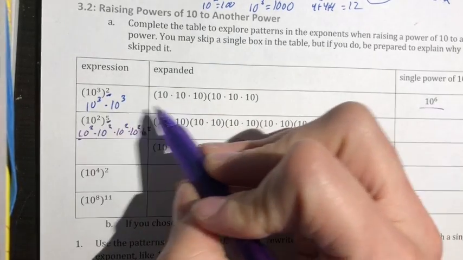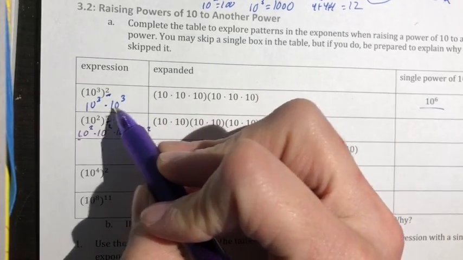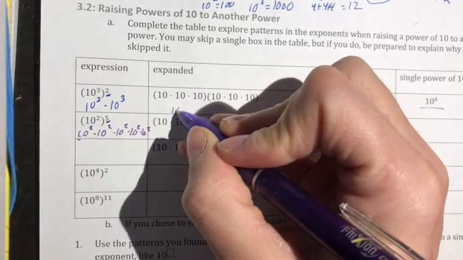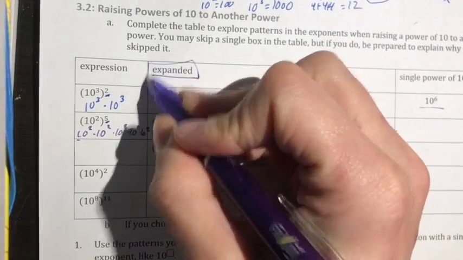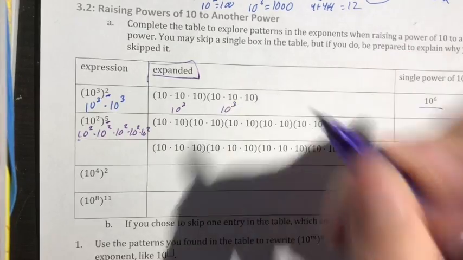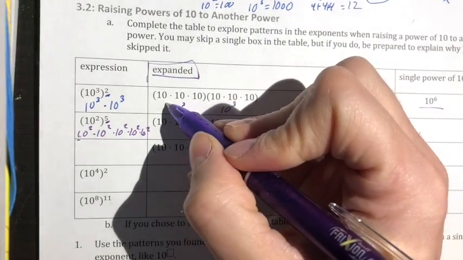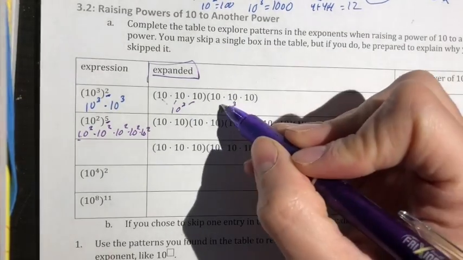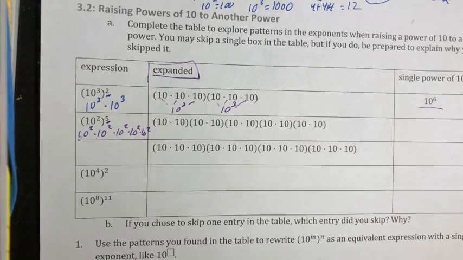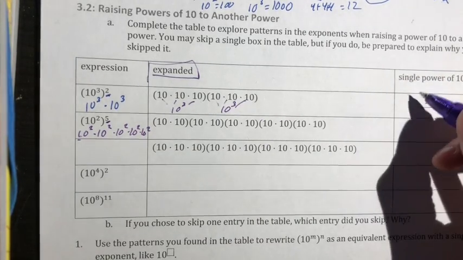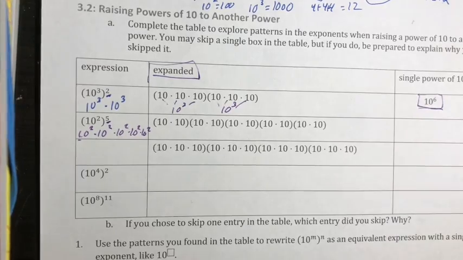So here we had 10 cubed times 10 cubed. And then they wrote that in expanded form, expanding it out. All right, so that 10 cubed is 1, 2, 3 tens, and 4, 5, 6 tens total being multiplied. So that's where we got 10 to the 6th from.